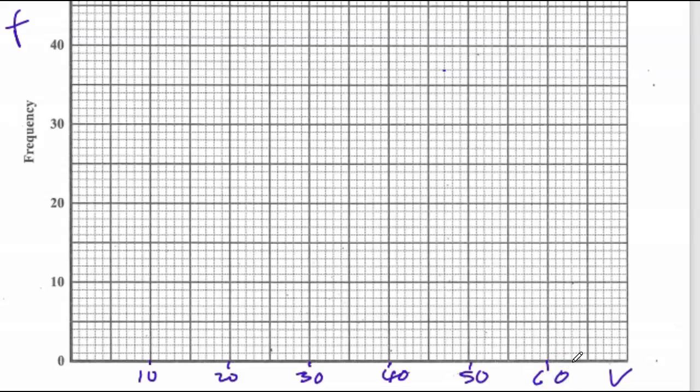And notice with this type of scale, a 2 to 1 scale, every two thin lines, each thin line has value 1 for both axes.